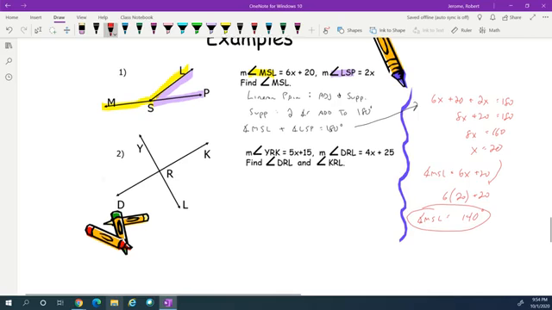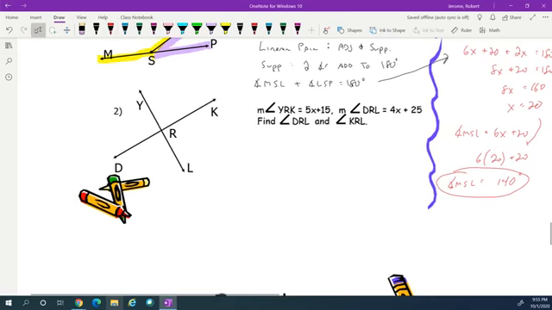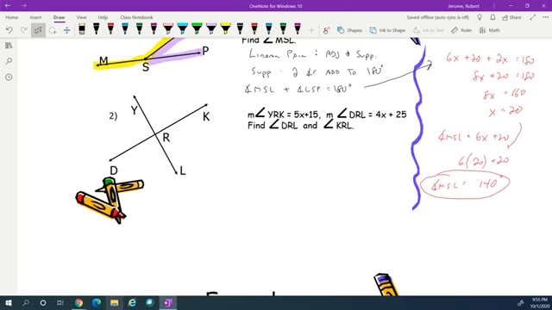In number 2, I'm just going to give myself a little bit more room here. Find the angles that they gave us algebra for. That's all I care about. YRK and angle DRL. They are the opposite angles of an X. They're vertical angles.